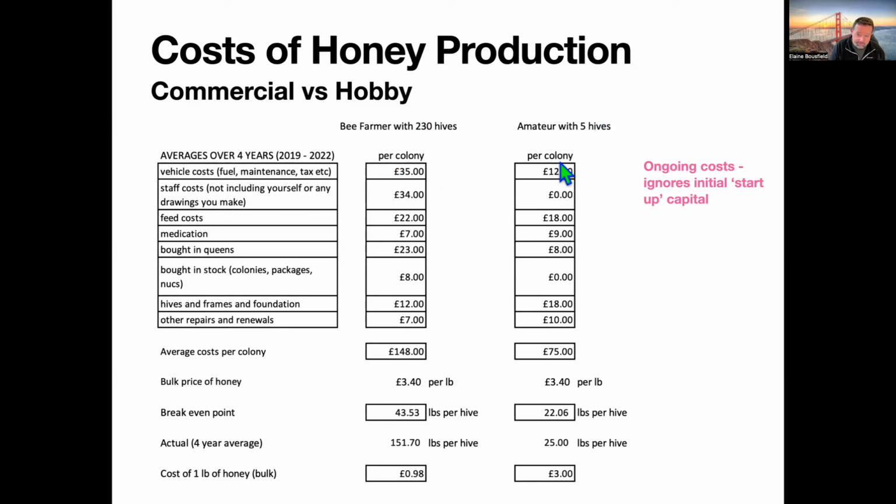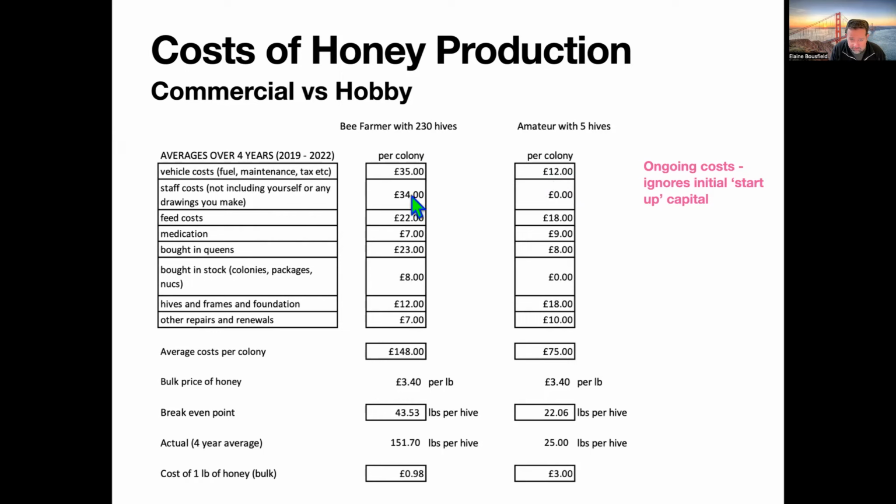So it's just a little bit of petrol. I've assumed that a hobby beekeeper's not moving hives particularly, but you probably do use a car maybe to drive to a trade show to pick up some new equipment, or maybe to collect some supers from an apiary or something.